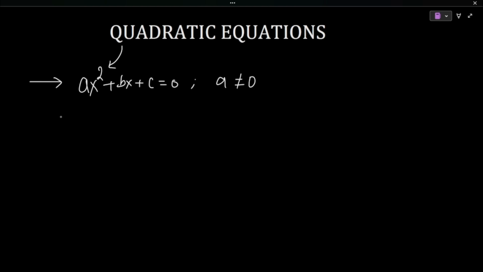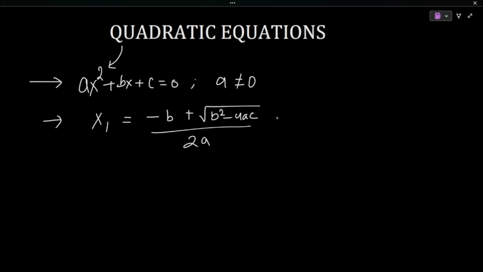Now, firstly, we have a formula called the Sridhar-Acharya formula, which directly gives you two different values. The first value is given like this: x1 equals minus b plus root over of b square minus 4ac whole divided by 2a, giving you one of the solutions. And the other solution is x2 equals to minus b minus root over of b square minus 4ac whole divided by 2a.